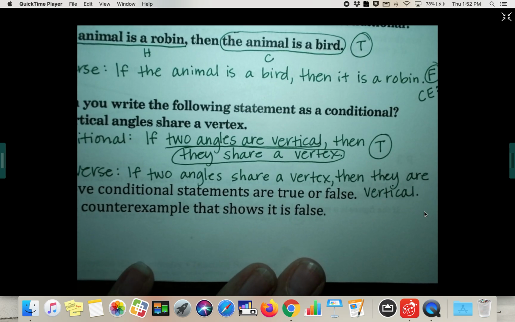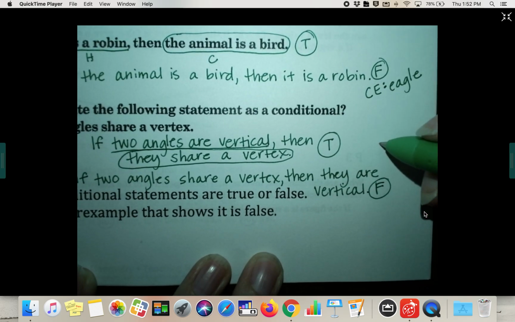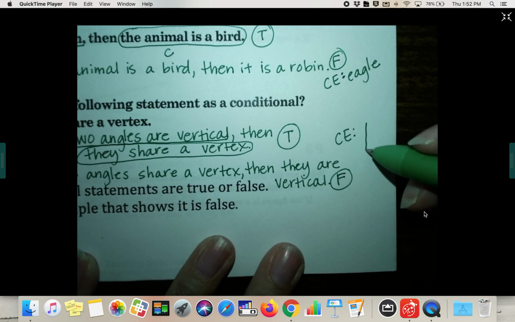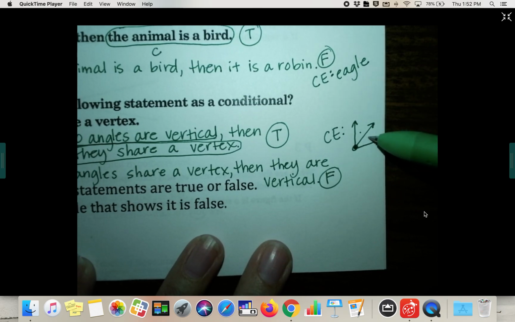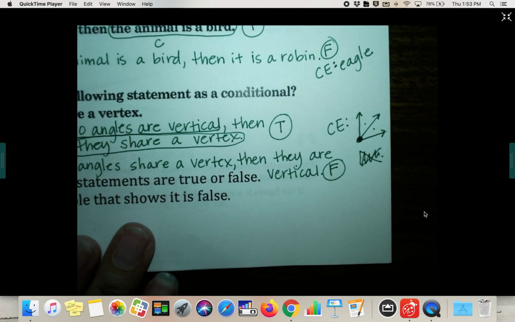If two angles share a vertex, then they are vertical. That would be false. A counterexample would be something like this. These are two different angles that share a vertex, but they are definitely not vertical. So here's your counterexample.